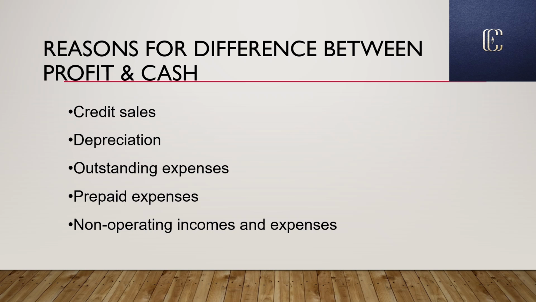The second reason is depreciation. Depreciation is an expense in the books, but no cash is actually paid. For example, machine value is rupees 1 lakh.